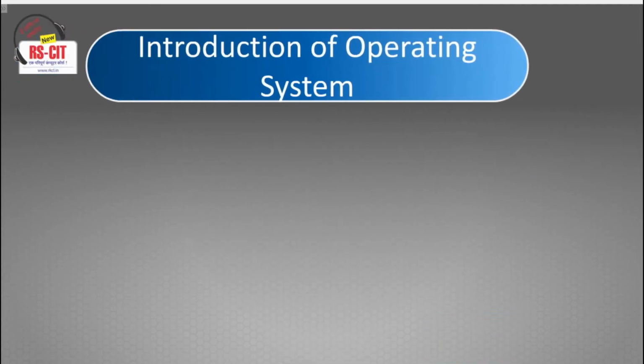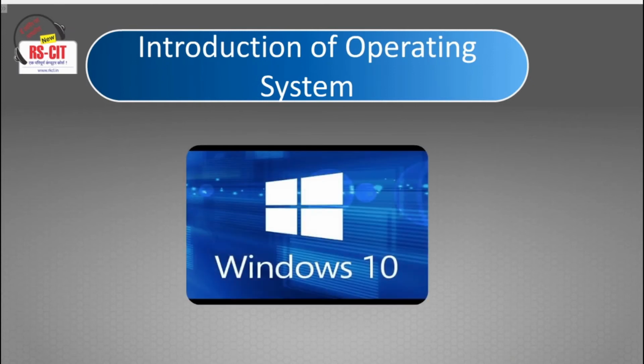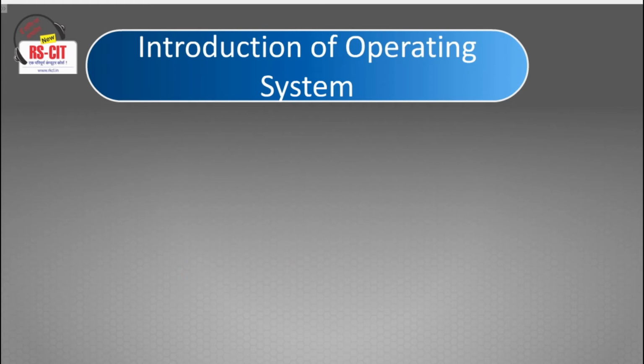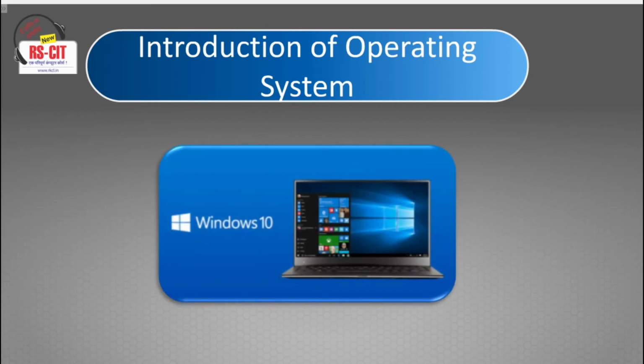Introduction. An operating system, OS, is a program that acts as an intermediary between the user of a computer and computer hardware. OS simplifies and manages the complexity of running application programs efficiently. Operating system simplifies the execution of user programs and makes solving user problems easier.